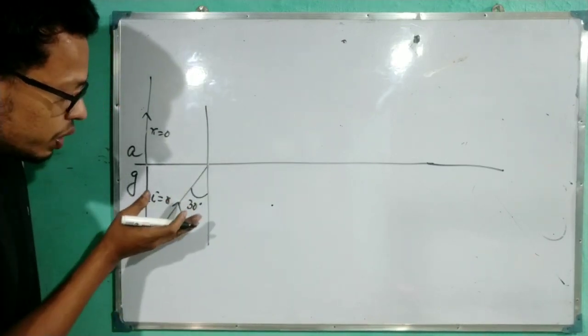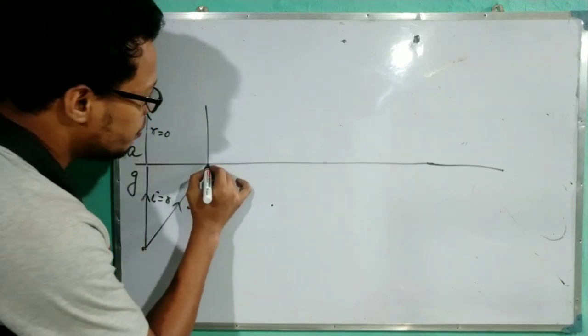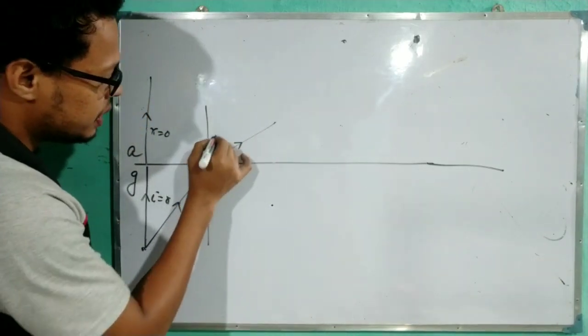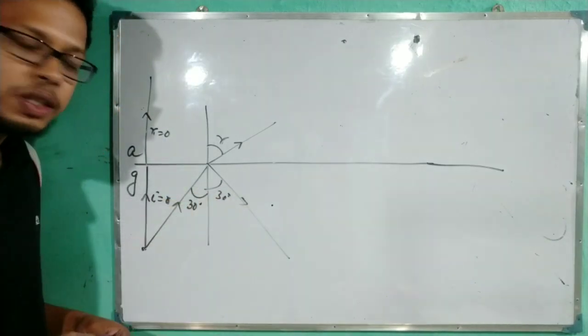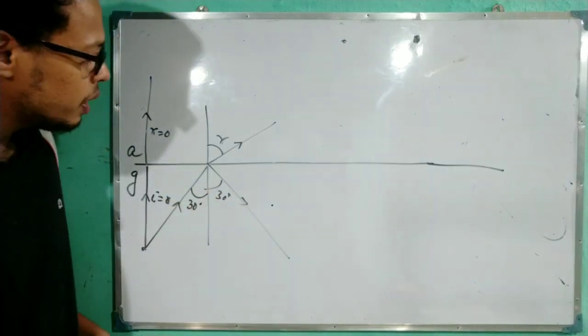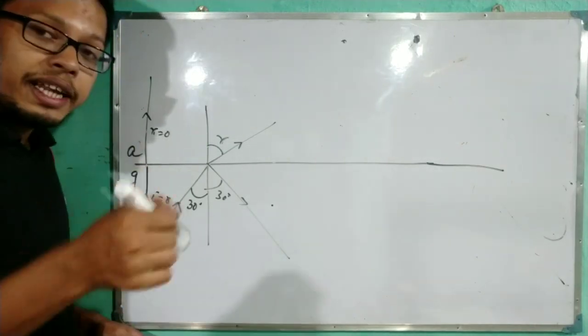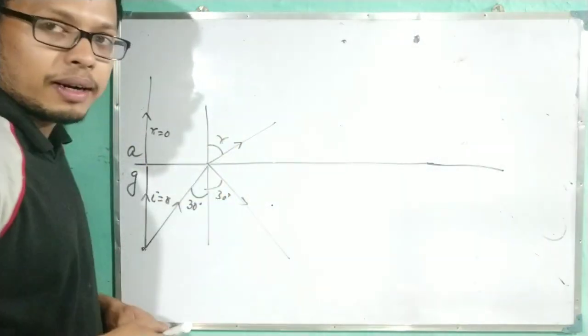So the ray is going from denser to rarer, so the ray will bend away from the normal. This angle is R, there will be a 30 degree reflected ray also. Now by using Snell's law we can easily find out the value of R. How?